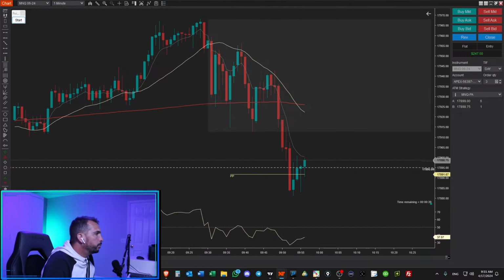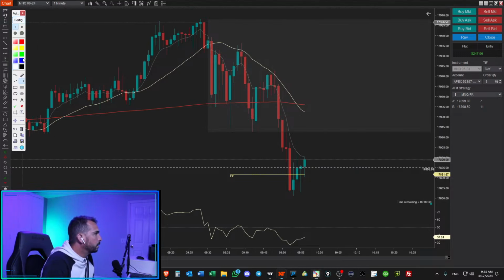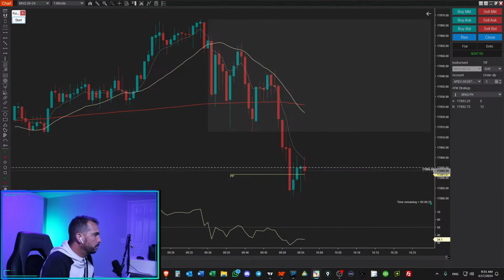Probably now I want to pull back to here. This moving average is gonna do this, and then we'll get that. So that's where I'm looking to get my next entry.